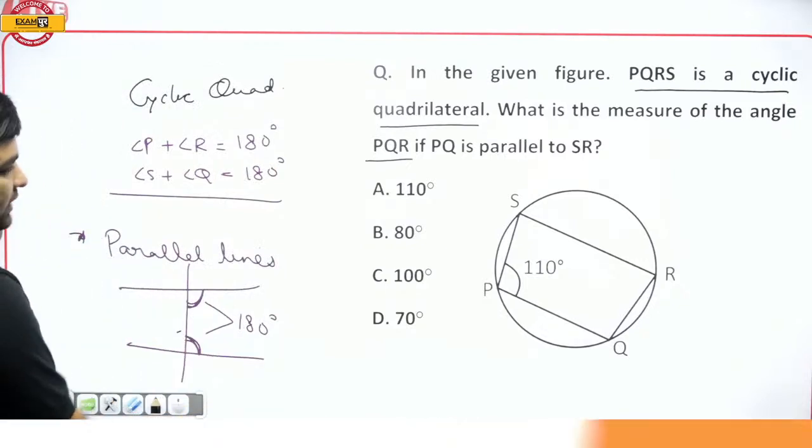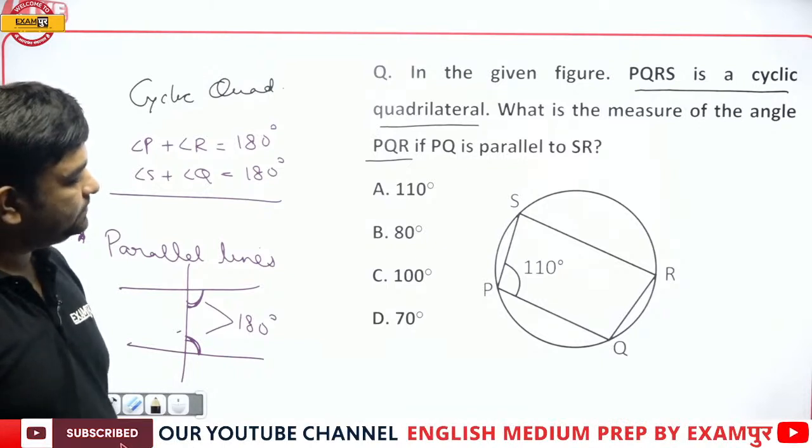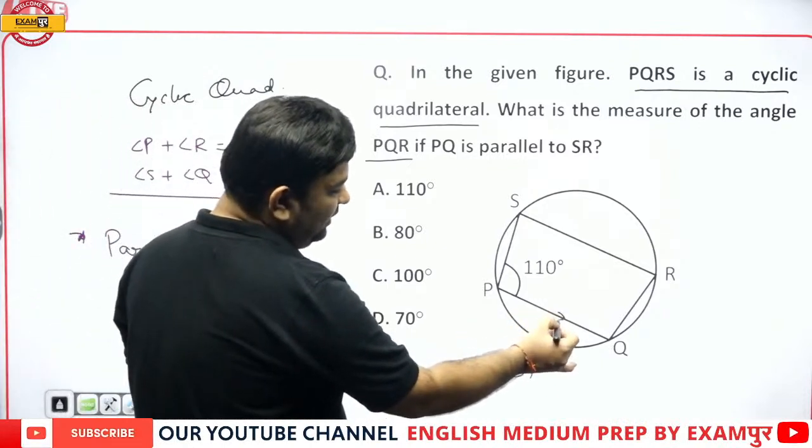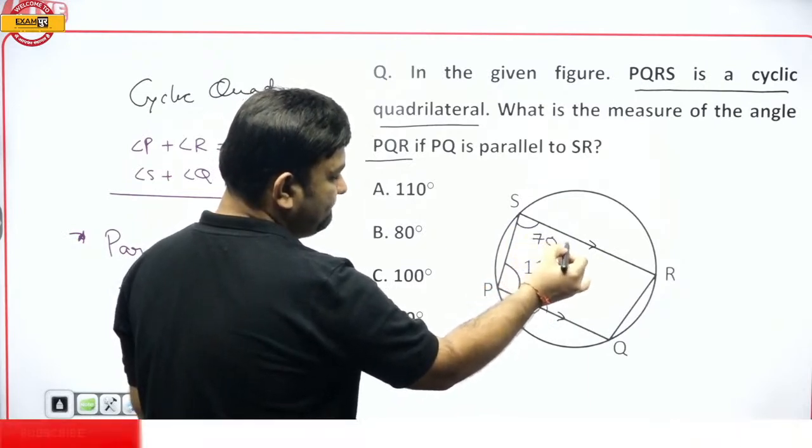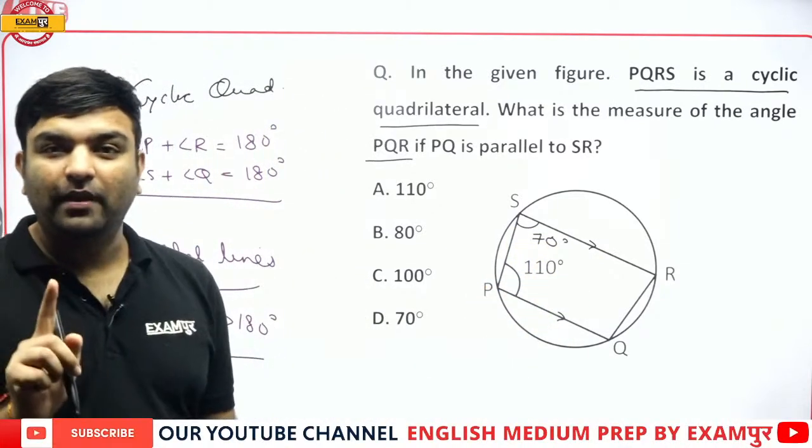Let's see, guys, what should be used. PQ is parallel to SR. If this is 110, this is 70, by the property of parallel lines.